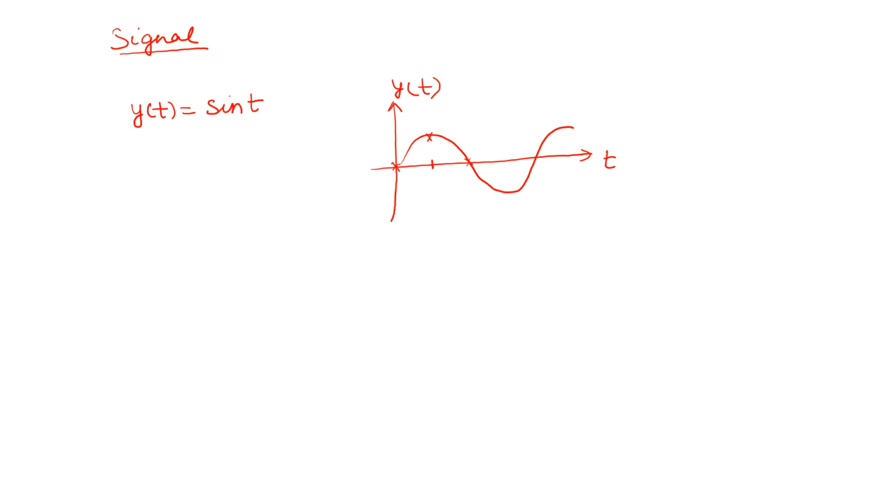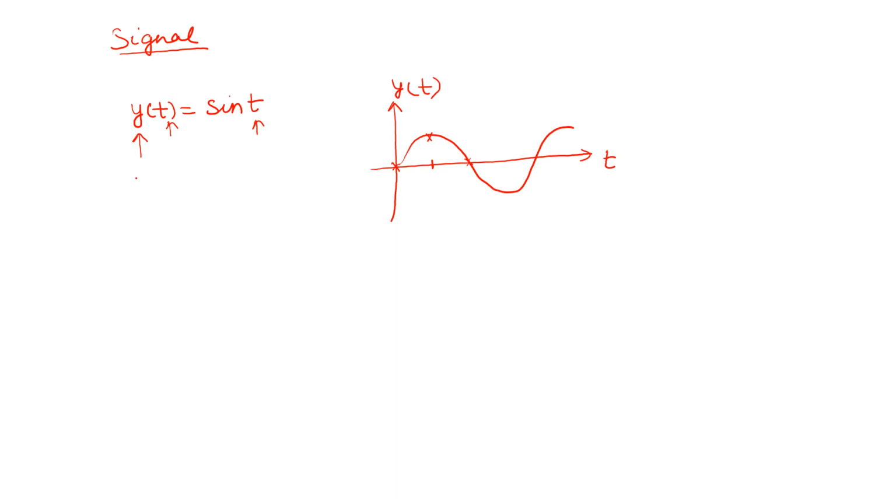So in this simple example of signal y(t) equal to sine t, you can see that there are two variables, y and t. This particular signal has two variables, and variables means something which is not fixed, which changes. So obviously the value of t changes and accordingly the value of y changes.